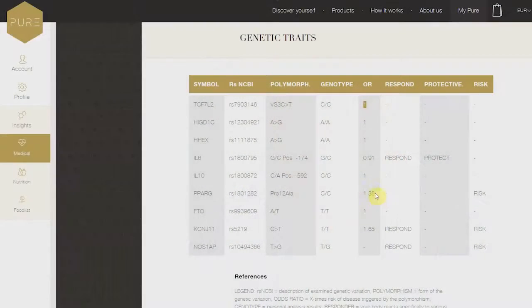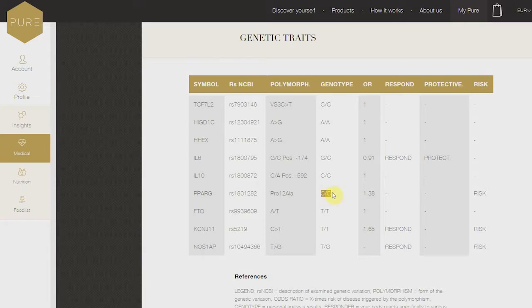You can also say it's a likelihood of developing the disease of 1. You're 1 times as likely to develop the disease, and 1 times as likely is just the normal risk. Now, if we skip ahead and go to the PPARG gene, in this case the person has CC.